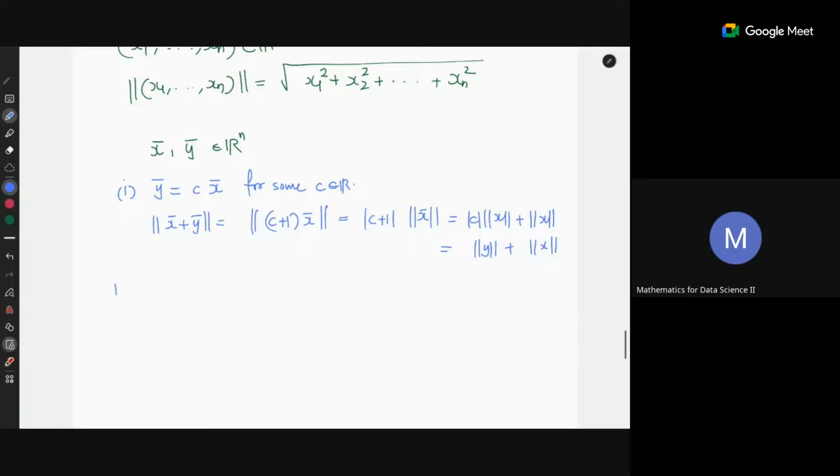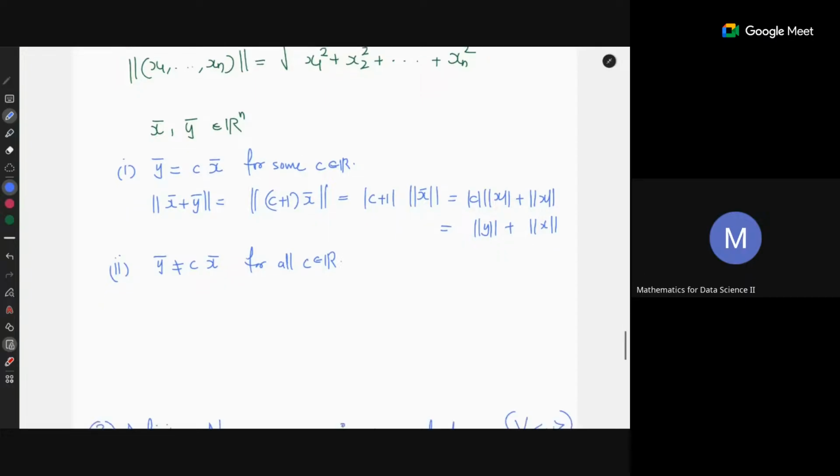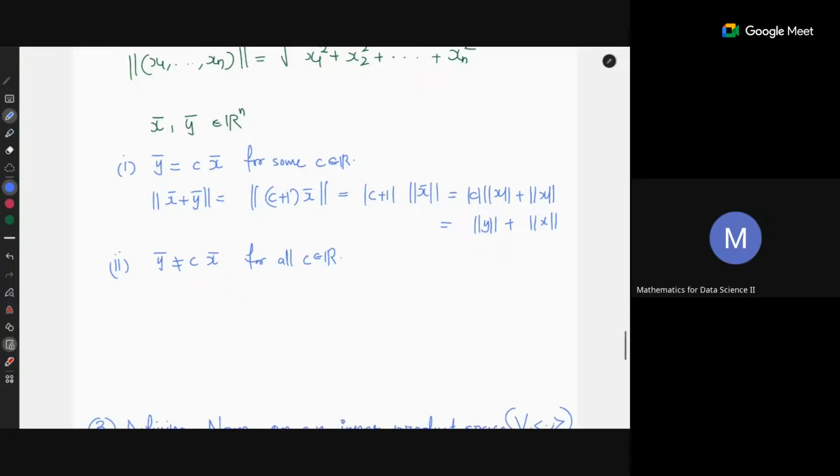Now the second case is when they are not dependent. Suppose y is not equal to cx for all c in R. That means they are independent. Whenever you have two independent vectors, you can consider the span. The span of these two vectors y and x is going to be a plane in Rn.